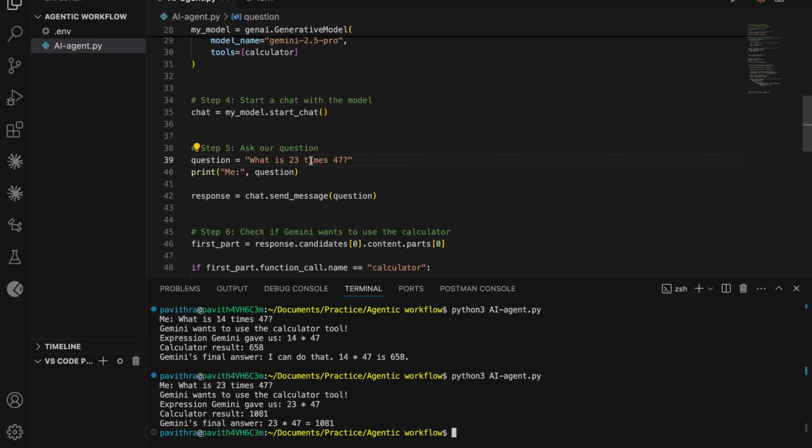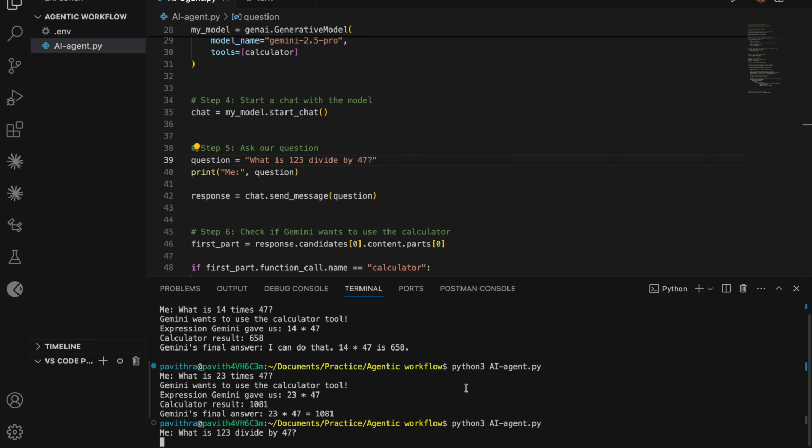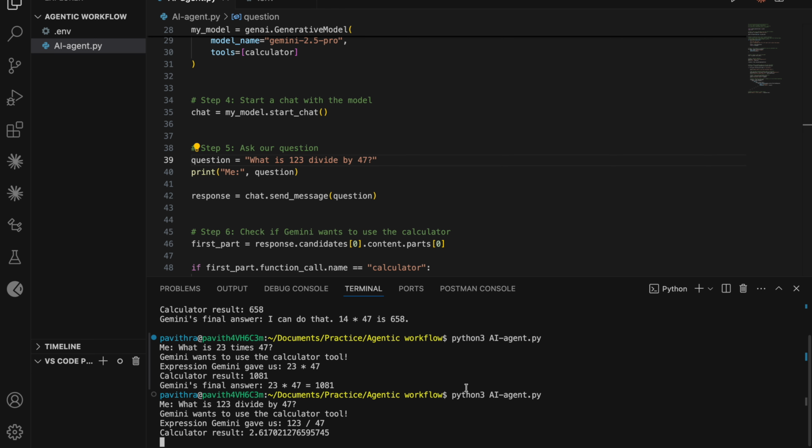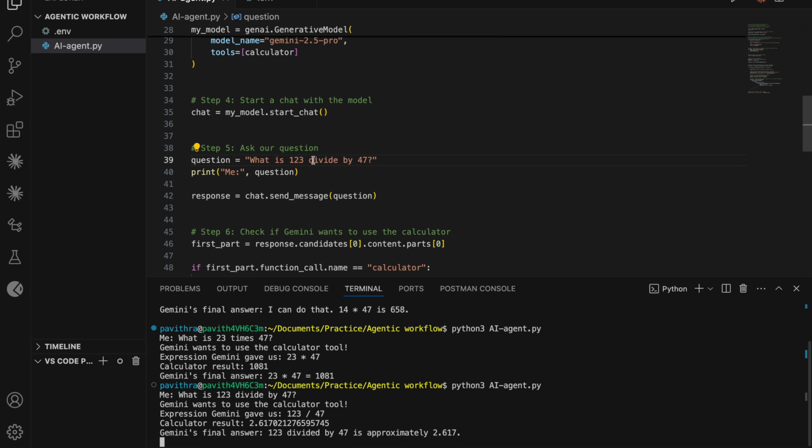It understands what the division expression is.